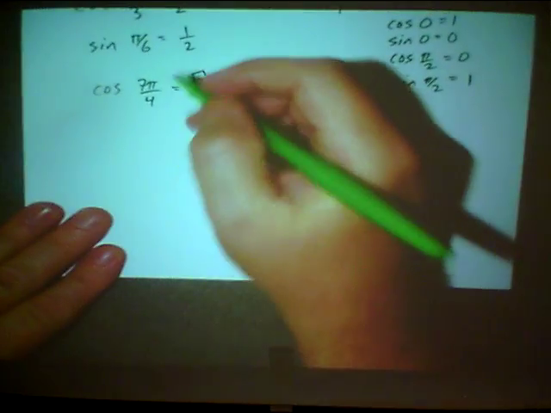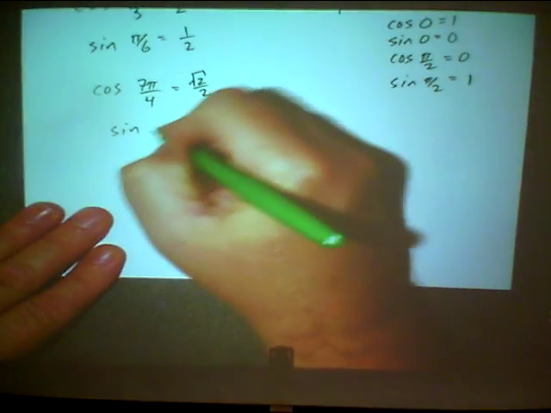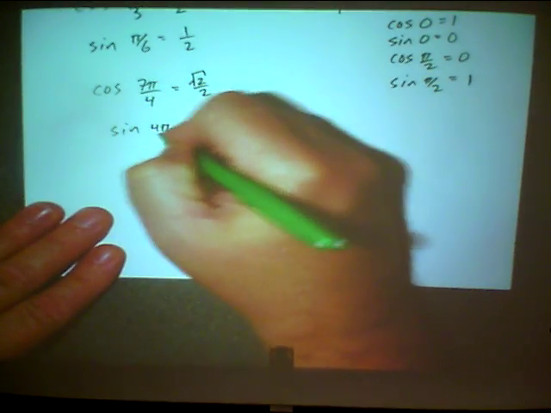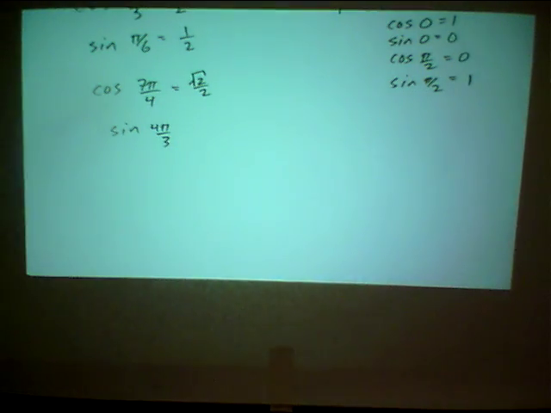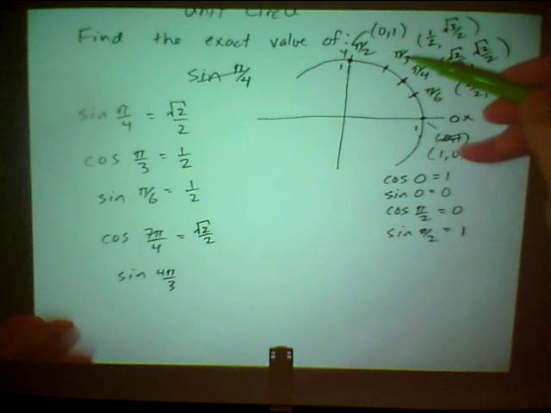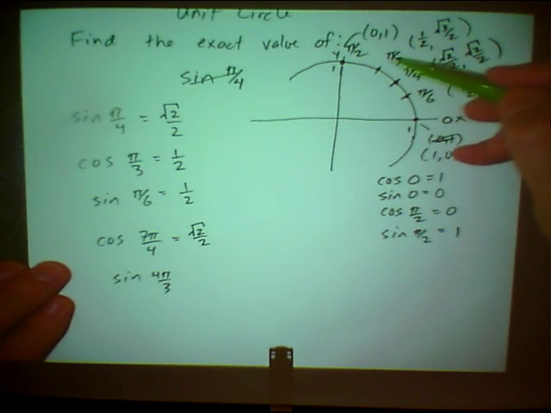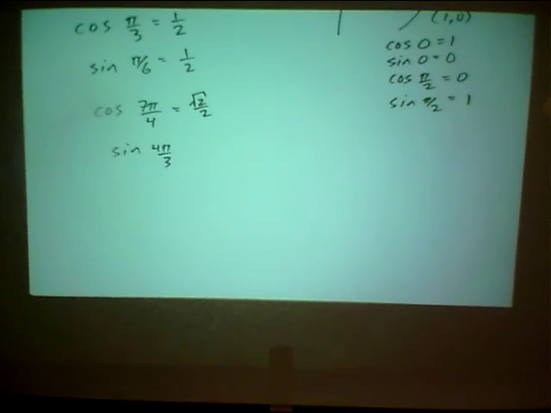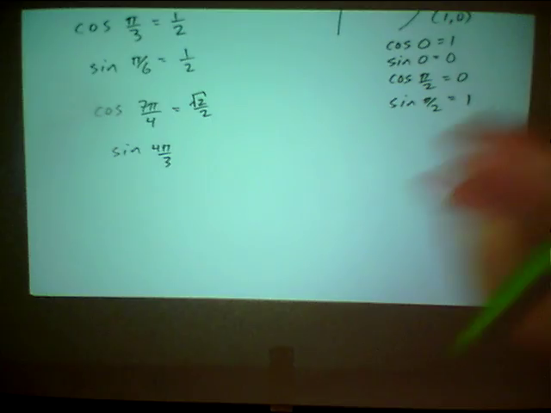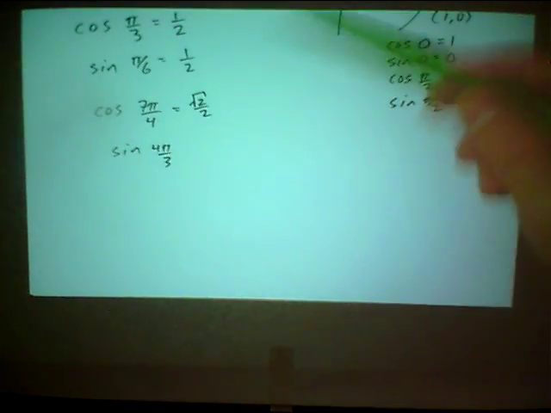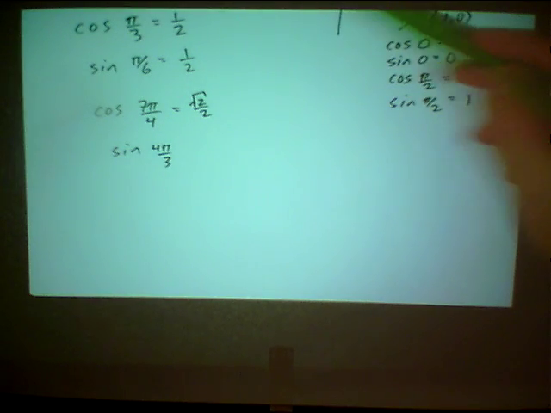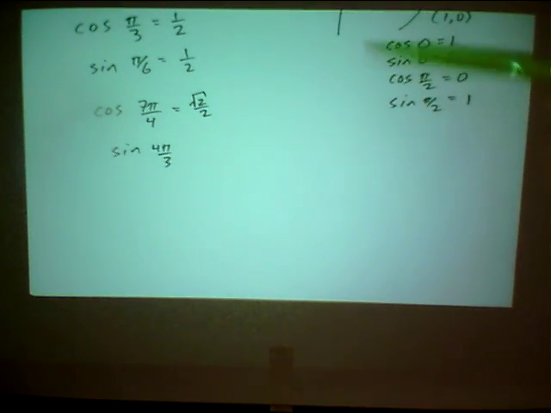How about the sine of 4π/3? If I look back at that first quadrant, my π/3 point was here. So I go to my unit circle, and once again, you need to sort of have this in your head. But I know 4π/3 is just a little bit past π. π is on the left-hand side of my chart.